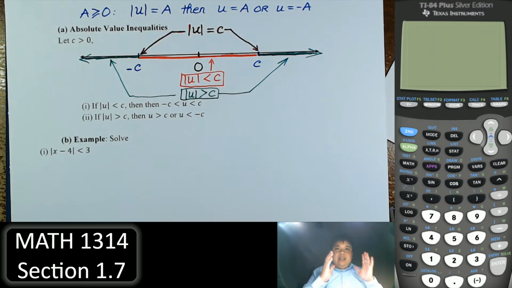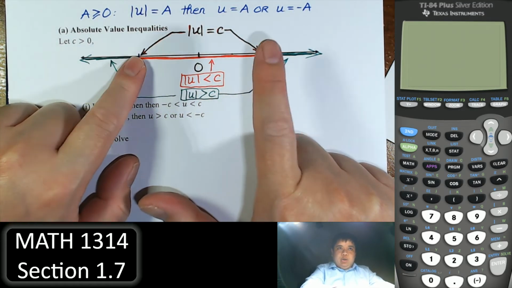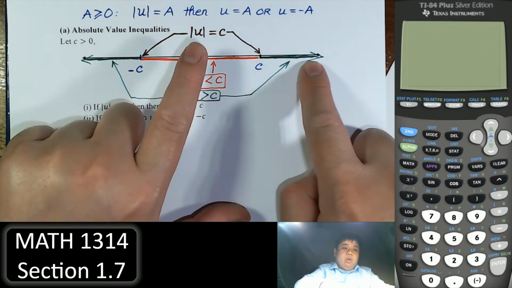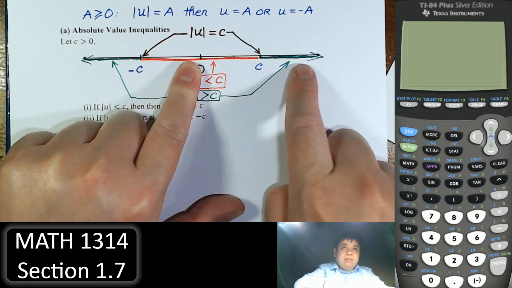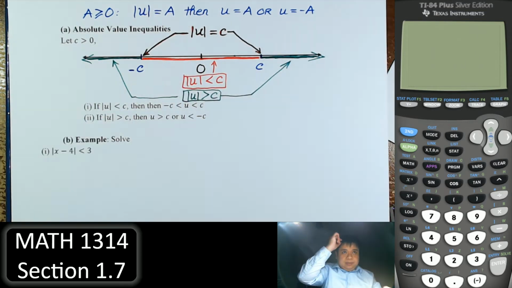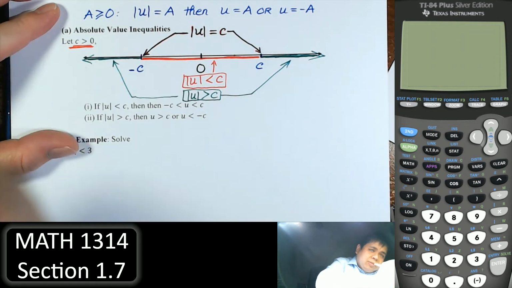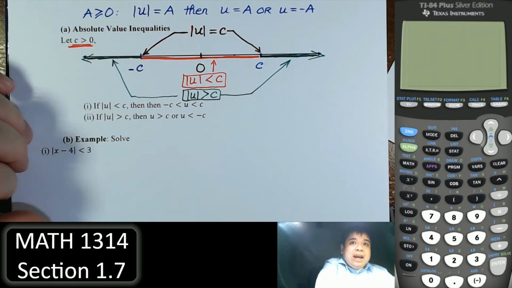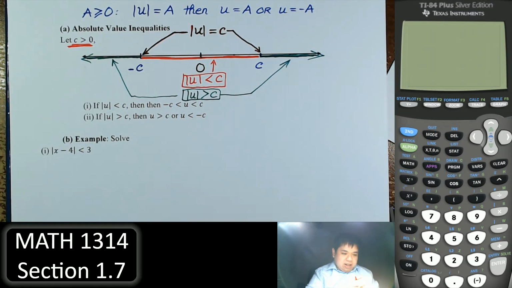Okay, less than, in between; greater than, on the outside; equal to, the boundary, the 2 points. Like I said, just think about that in terms of distance. If the distance to 0 is greater than a number, it has to be further away from the point, so it has to be on the outside. But all of that has to be for c greater than 0. When c is equal to 0 or less than 0, you cannot use this. You just have to use common sense in that case.